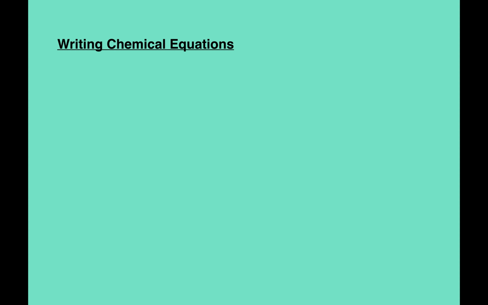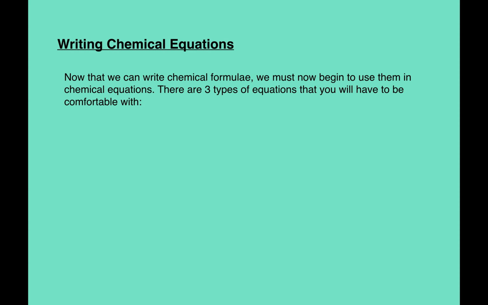Now, writing chemical equations. There are different types of equations you're going to have to be able to write. The one that you've seen probably the most throughout Key Stage 3 and in junior school is a word equation, which essentially is just the words of the chemical substances involved.